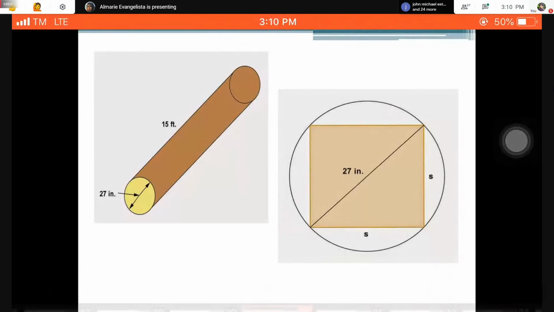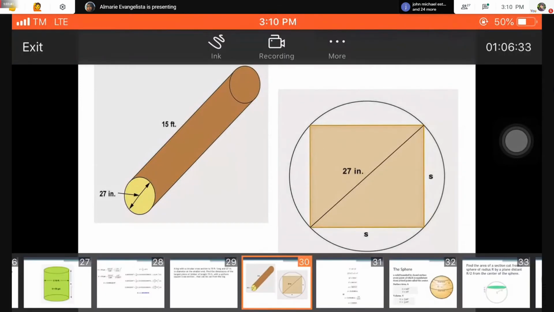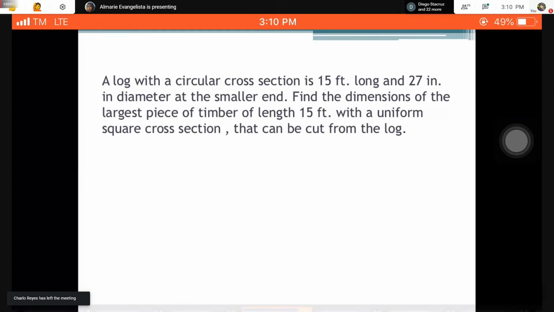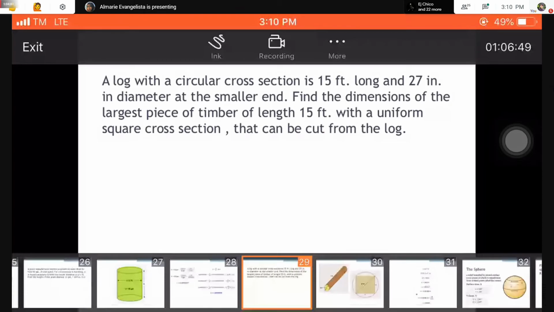Ang tinatanong is dimensions nung largest piece of timber. Dimension nung cross-section nung log. Given na yung diameter, given na din yung length.